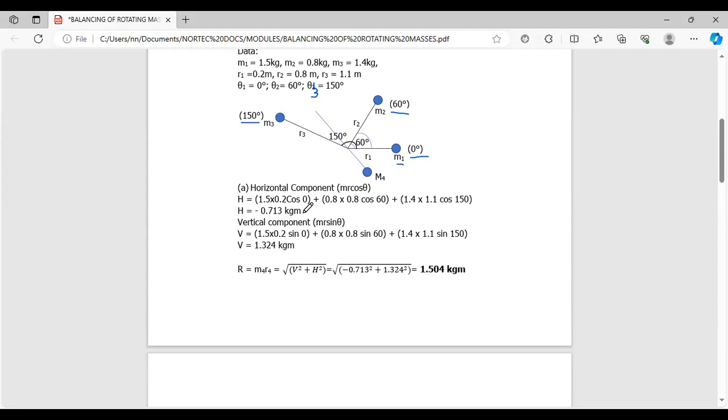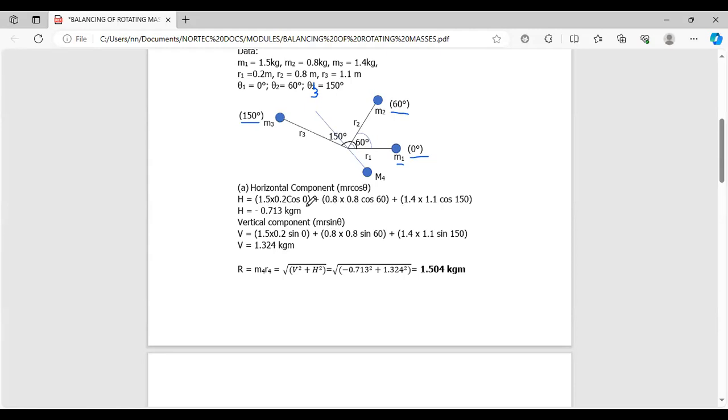First of all, mass 1 was 1.5, radius 1 was 0.2, and the angle is 0. So that's M1 R1 cos theta, M2 R2 cos theta, and M3 R3 cos theta 3, each according to the angles.